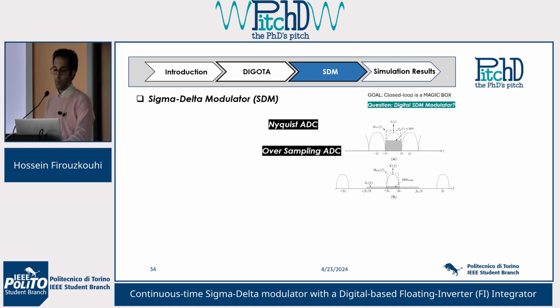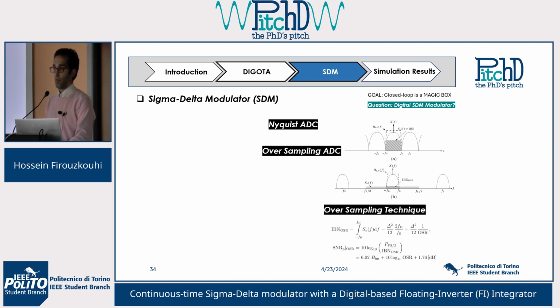So in this case, if you sample at more than the bandwidth of the input signal, the in-band noise is spread throughout a wider frequency range, and in this case, we decrease the in-band noise significantly by the oversampling ratio.